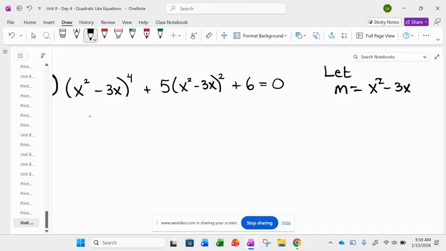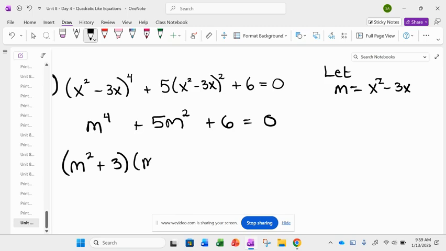Factoring with that. So this just becomes m to the fourth power plus 5m to the second power plus 6 equals 0. And now we could absolutely factor. We're going to get m squared plus 3 and then an m squared plus 2 equals 0. Can I factor any further?